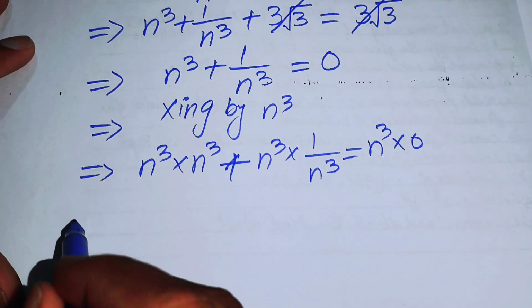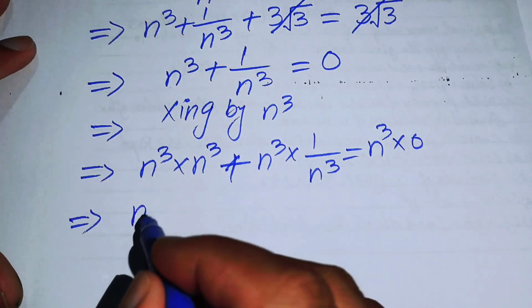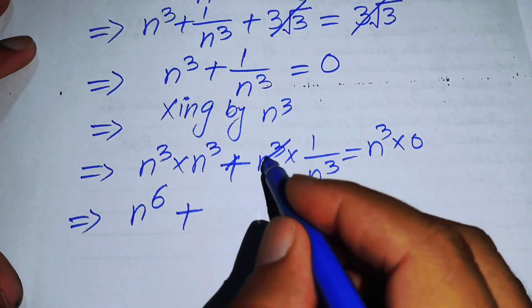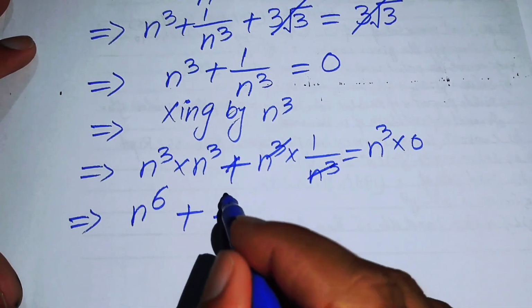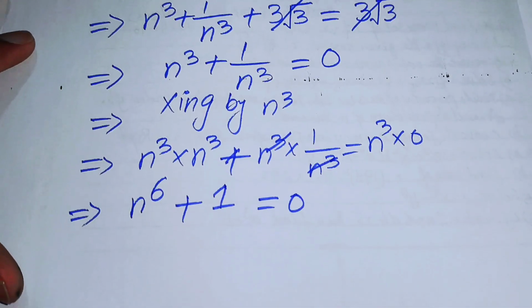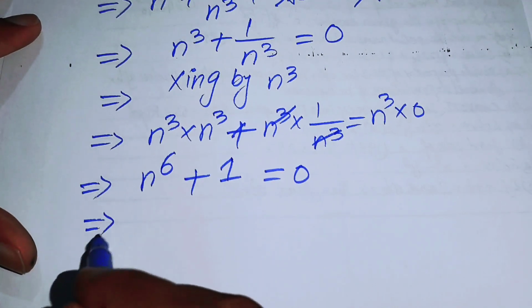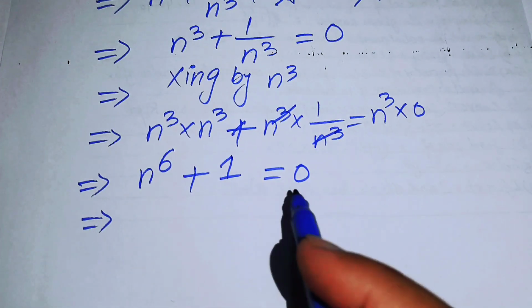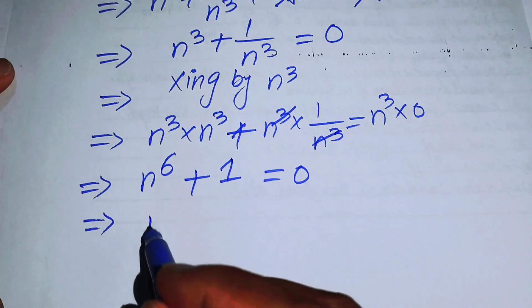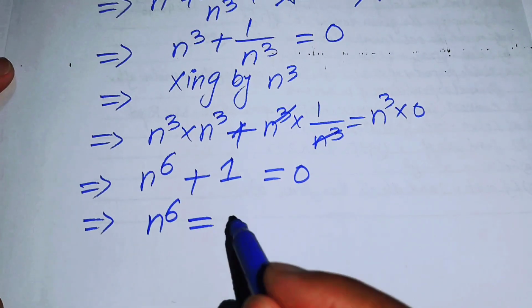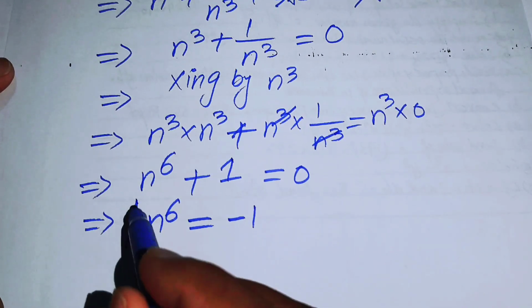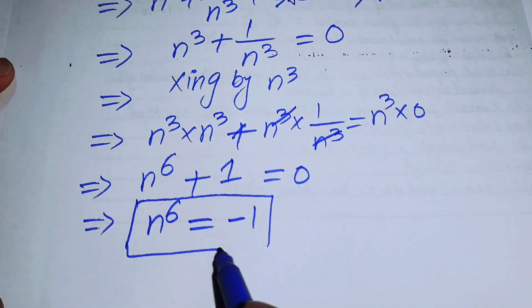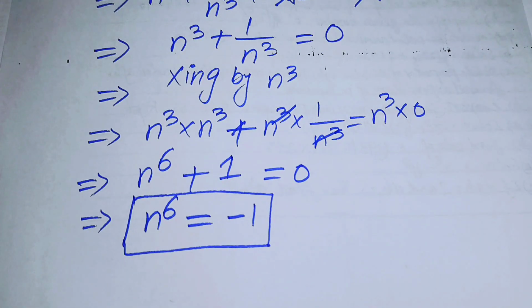So here you will get n to the power of 6 plus 1, and this whole is equal to 0, so we move this plus 1 to the right hand side, and you get n to the power of 6 is equal to minus 1. So this is the value of n to the power of 6.